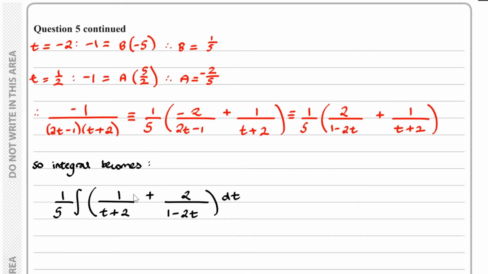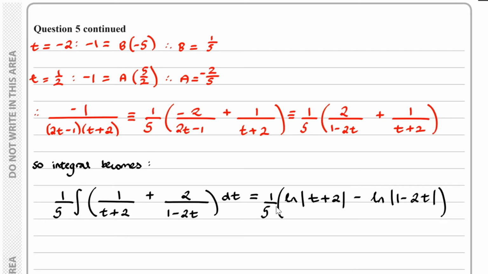So integrating, the 1/5 remains as a constant. So we have 1/5, and if we integrate 1 over t plus 2, we end up with the natural log of t plus 2. And if we integrate 2 over 1 minus 2t, we end up with minus the natural log of 1 minus 2t.